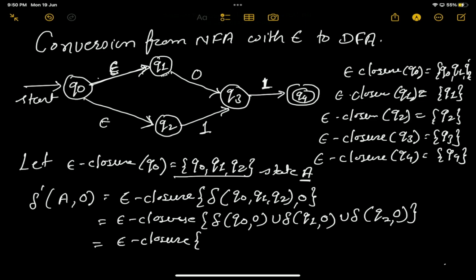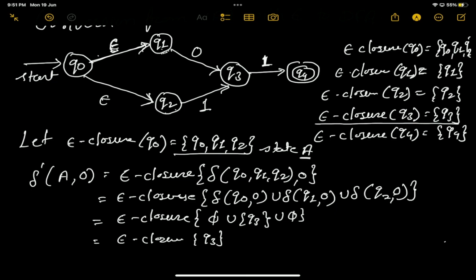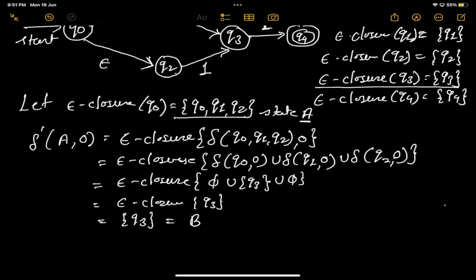Q0 with input 0 gives phi, union Q1 with input 0 goes to Q3, then union Q2 with input 0 gives phi. So it equals the epsilon closure of Q3, and the epsilon closure of Q3 is Q3. So we get a new state, which is Q3. Let's call this new state B.